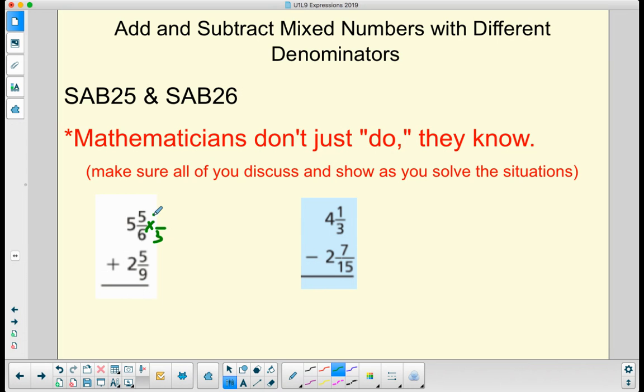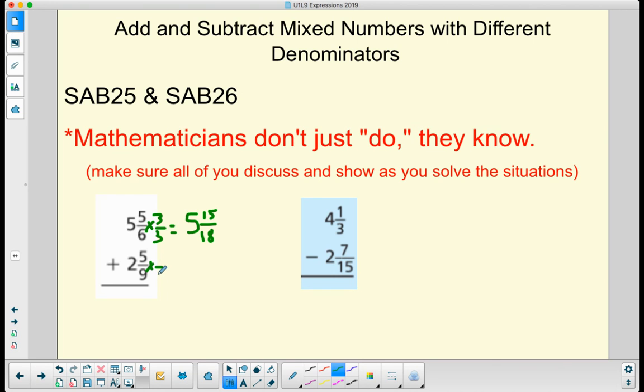And my multiplier, so I multiply that. Don't forget to keep your whole number. And that's 15/18. A common mistake that we make is we don't keep our whole number.